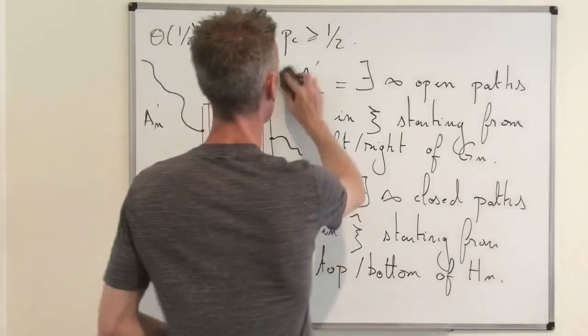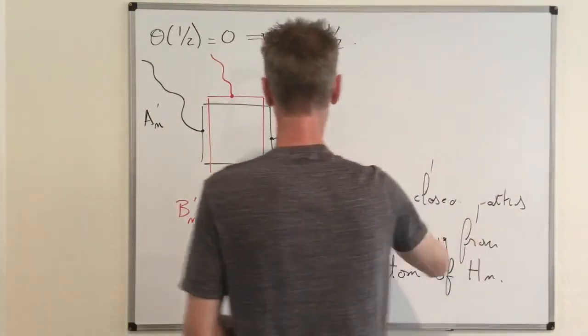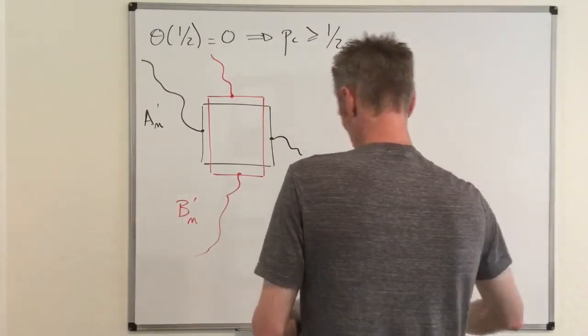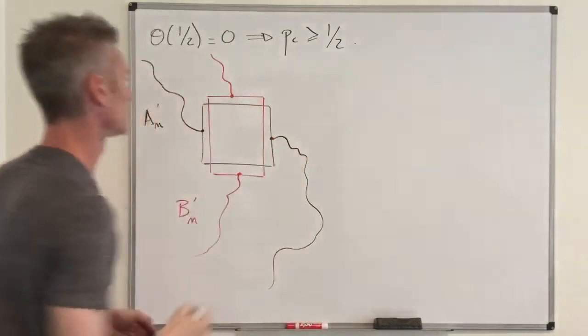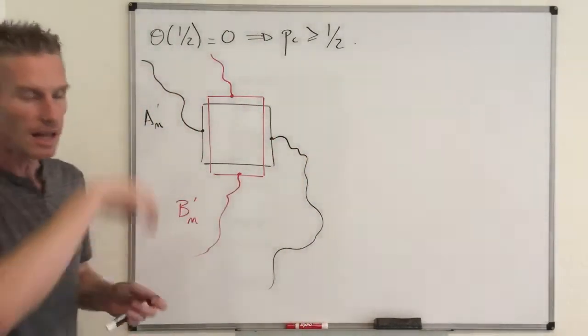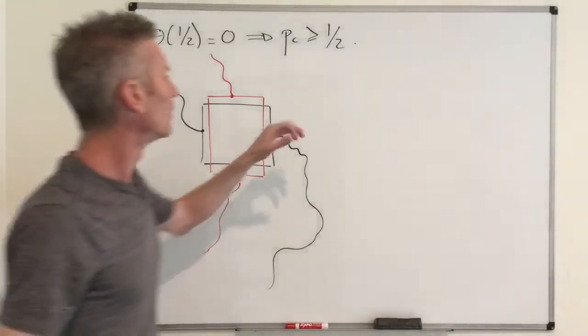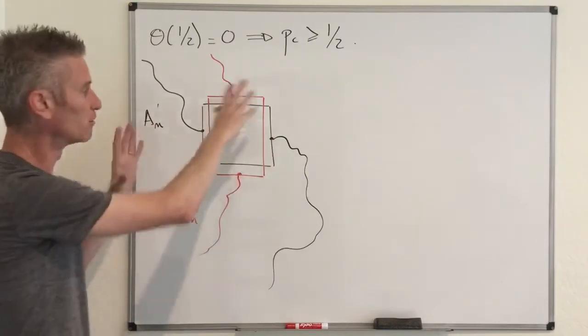I'm going to erase this now. Again, I have in mind that this path just keeps on going, goes to infinity. So let's make it go there. Okay, so these are those two events. You see that they don't necessarily cross those graphs here.